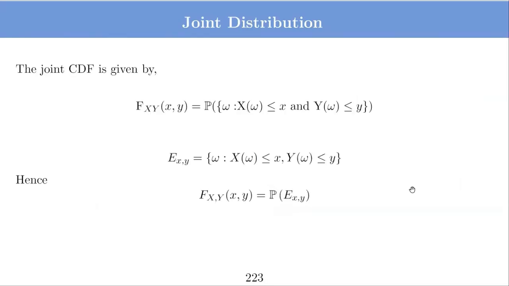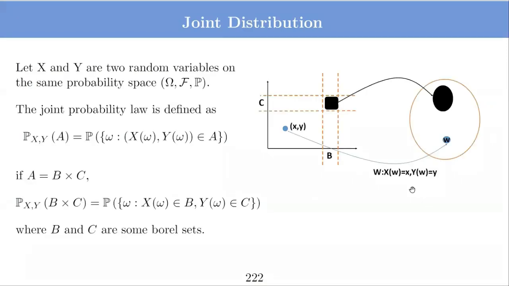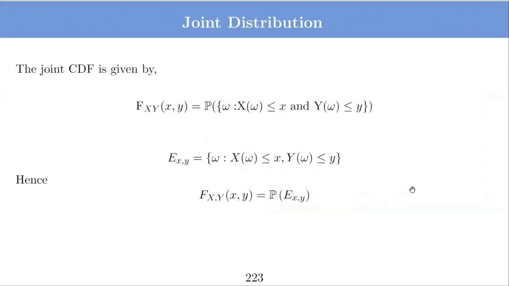So what will be the joint CDF? This is the joint probability, and for the joint CDF, as you remember, for CDF we take a specific set. So for B we'll take minus infinity comma x, and for C we'll take minus infinity comma y.